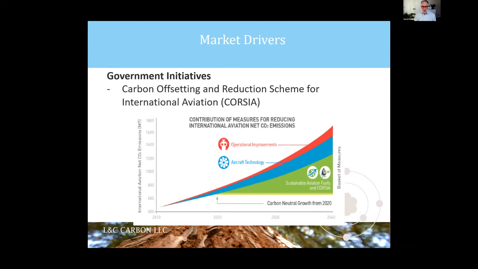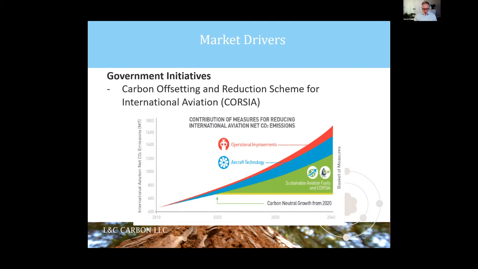It has to do with the market drivers that are driving that. I've organized these market drivers in a few segments, but the first one is government incentives or initiatives. Maybe some of you have heard of the Carbon Offset and Reduction Scheme for International Aviation, referred to as CORSIA. CORSIA comes out of the International Civil Aviation Organization, which is a UN-sanctioned organization.